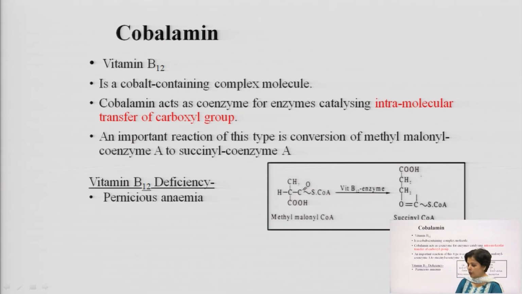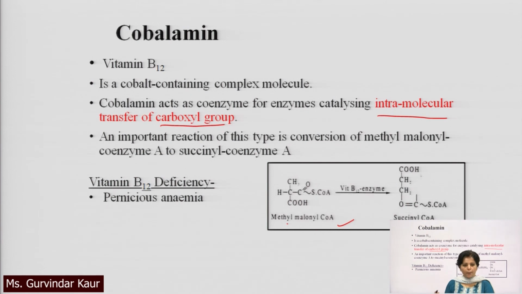An important reaction of this type is the conversion of methylmalonyl coenzyme A to succinyl coenzyme A, which involves the intramolecular transfer of the carbonyl group. The deficiency causes pernicious anemia, where the RBCs are unhealthy and the number of RBCs decreases.